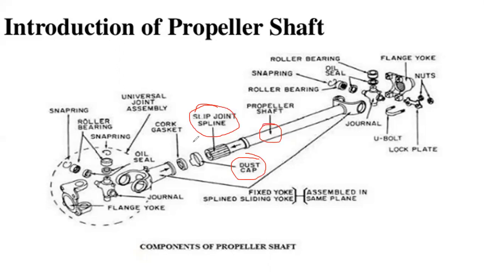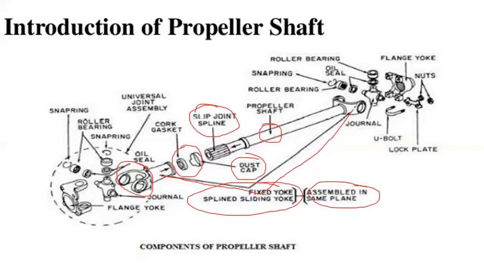Next, the core gasket and a fixed type splined sliding yoke, which is assembled in the same plane. Those are the different joints in the propeller shaft. For example, we can take the universal joint, which has one end of the joint and another end.